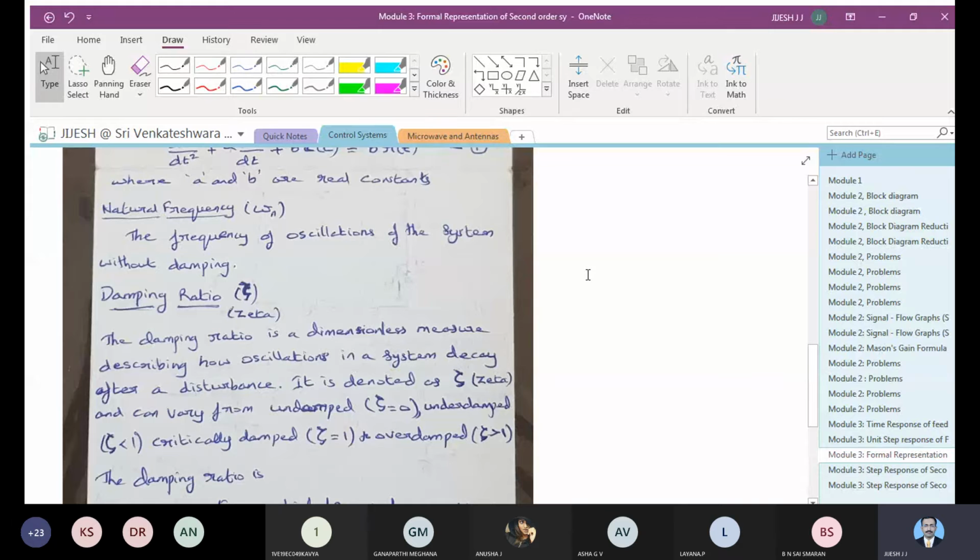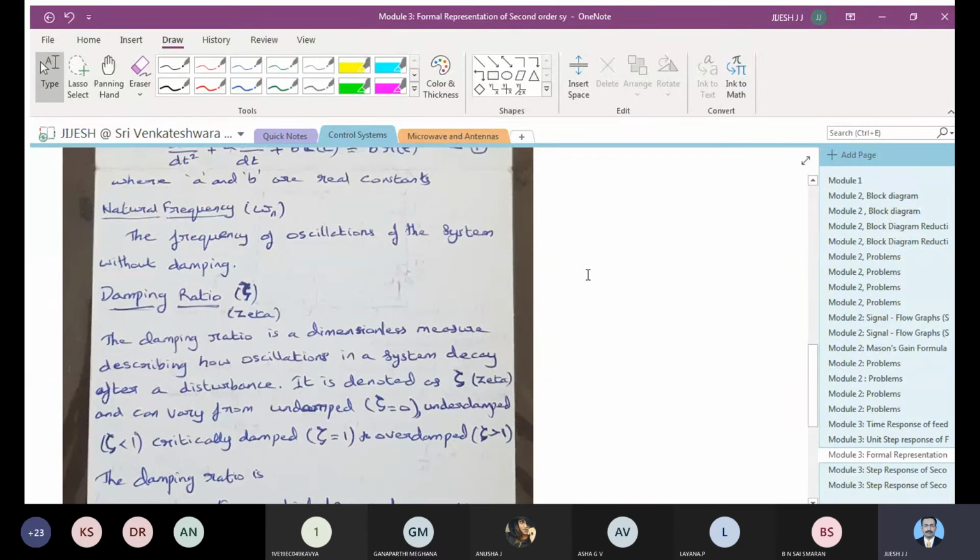So damping ratio we can define as a dimensionless measure describing how the oscillation of the system decays. Once the disturbance is there, how the system decays for the particular oscillations that take place, and it is denoted by the letter zeta. So that notation I have shown you.